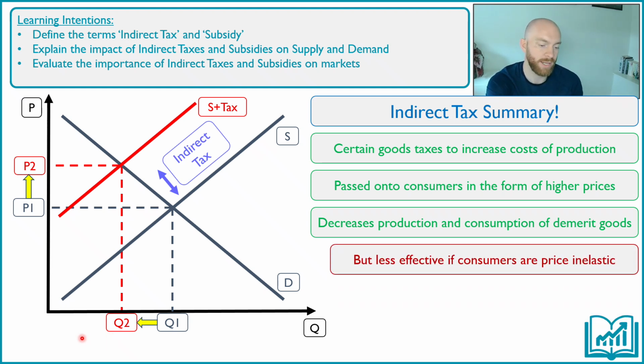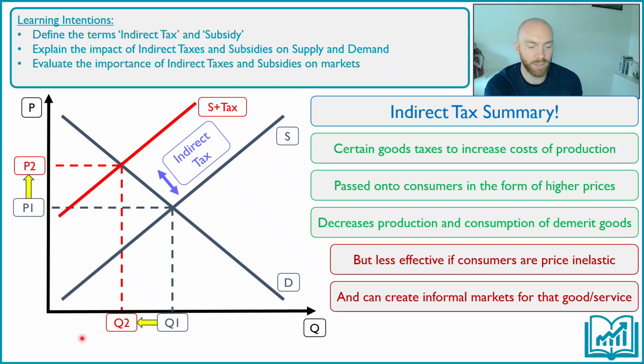However, if consumers are price inelastic, they may still purchase the good anyway, and it will lessen the impact of the tax. And by setting a tax, you might create an informal market where people buy these goods illegally, sell them illegally, away from shops and your regular ways of purchasing it, so people avoid paying the higher prices.